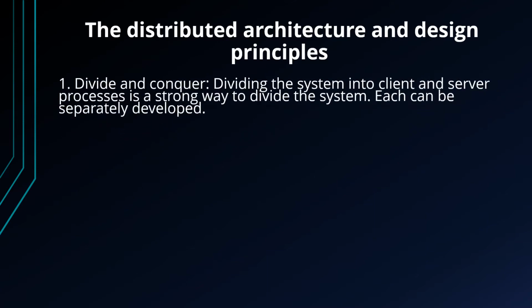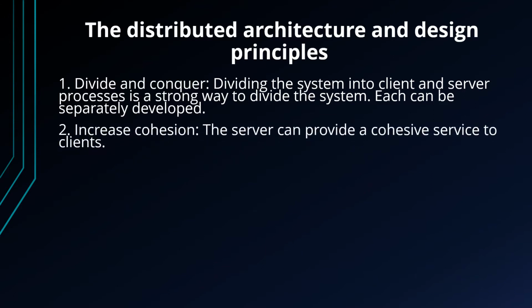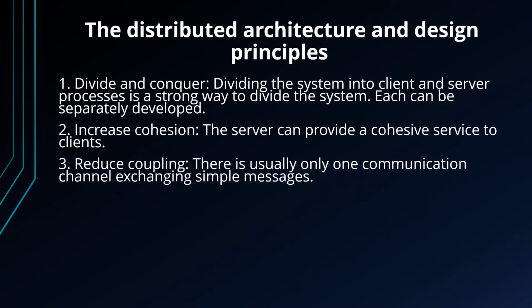In divide and conquer, dividing the system into client and server processes is a strong way to divide the system. Each can be separately developed. Increase cohesion: the server can provide a cohesive service to the client. Reduce coupling: there's usually only one communication channel, exchanging simple messages.